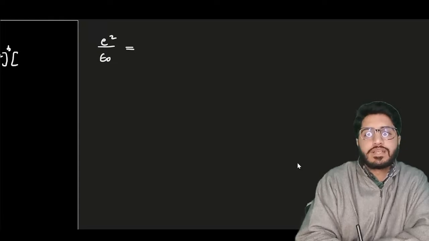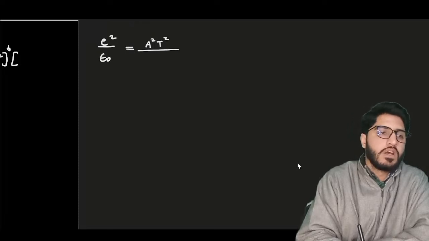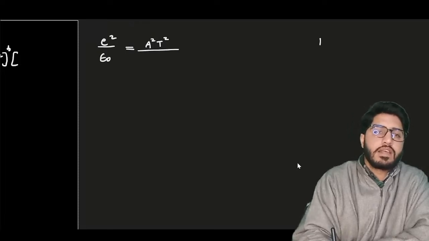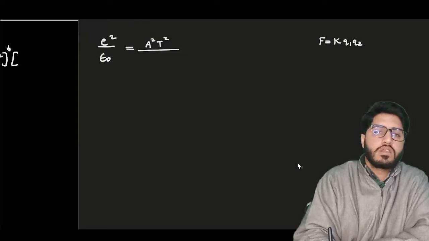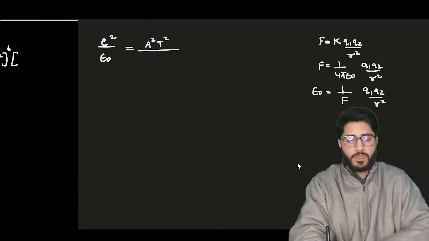Charge equals current into time, so I can write A square T square. What is epsilon naught? We know that F is equals to k Q1 Q2 by r square. So F is equals to 1 over 4 pi epsilon naught Q1 Q2 by r square. So epsilon naught came out to be 1 divided by F times Q1 Q2 by r square.